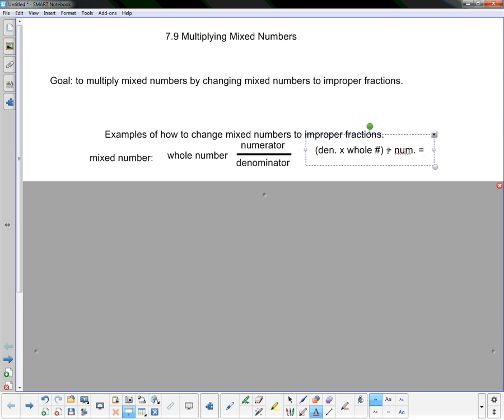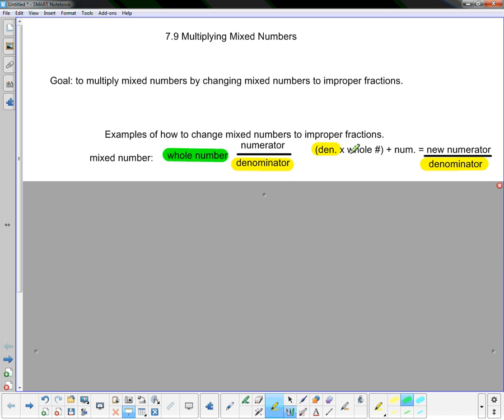And guess what? That's going to equal our new numerator. And I'll put a line, and our denominator stays the same. The only thing that's really changing is the whole number is added to our numerator.